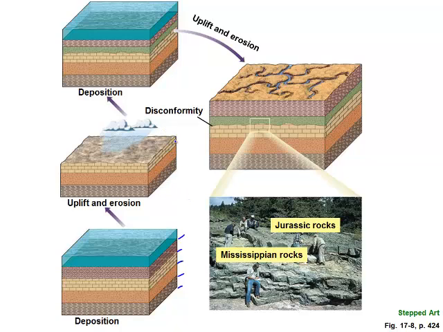You get erosional uplift and erosion, which means this layer right here, which doesn't look like a shale, it's a different kind of rock, I don't know what the symbol is for that rock, gets eroded away, and then you get more deposition. There's a green sandstone, and then this rock layer that's a shale right there. And then because you have more deposition, you have the Jurassic rocks right here, and then the Mississippian rocks underneath that, which is a disconformity.